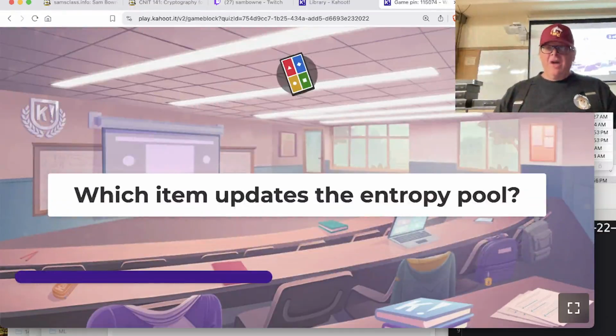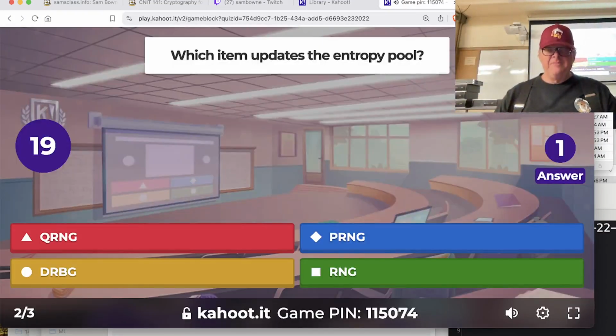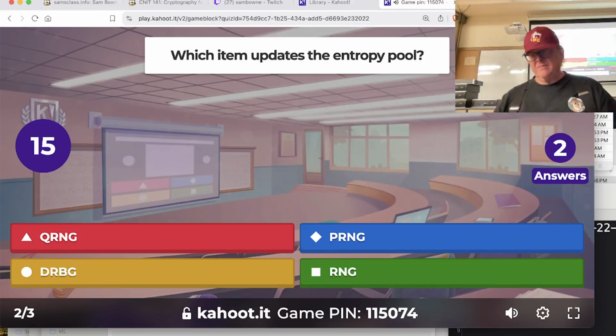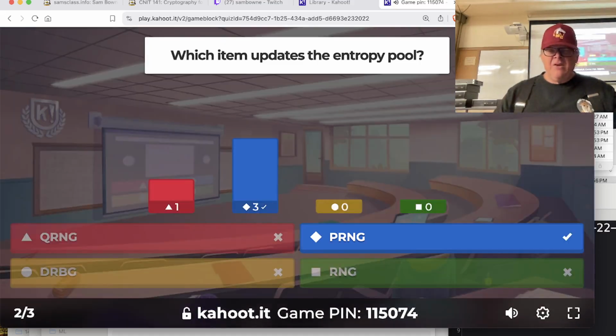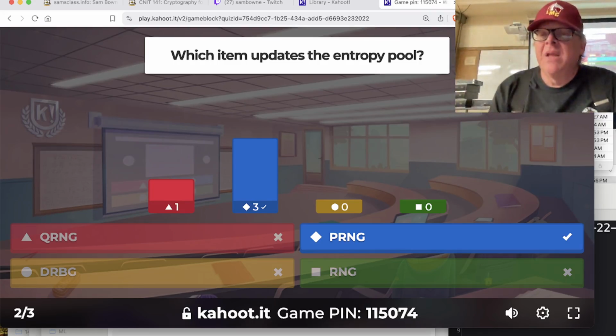All right, so which one updates the entropy pool? It's PRNG. I would argue the RNG also, in a pure random number generator, has a pool. It pulls some random bits and puts them in the pool.